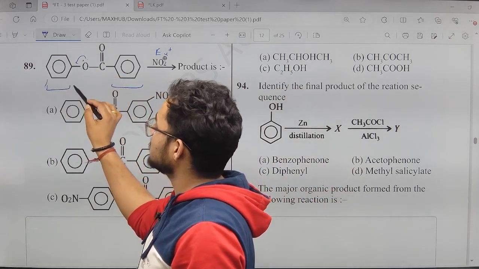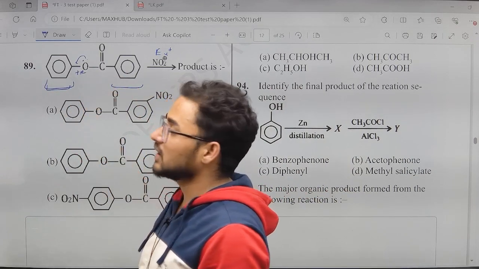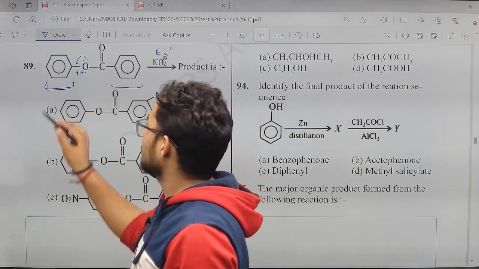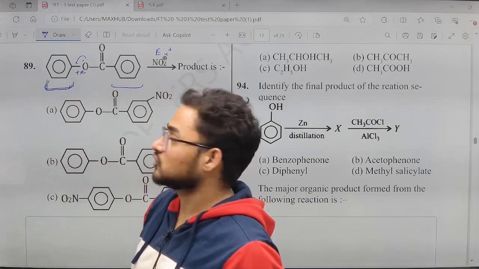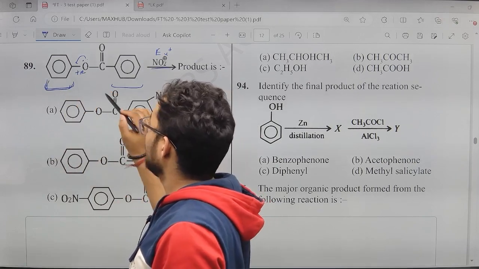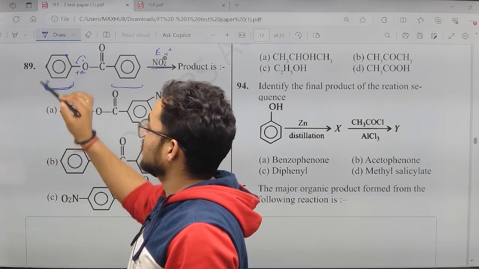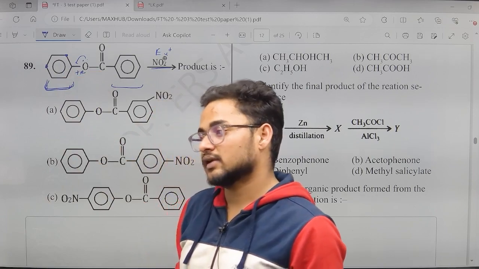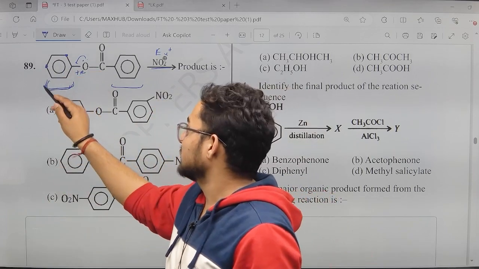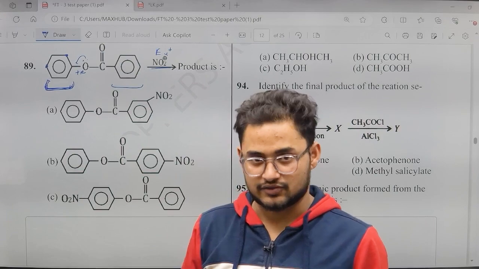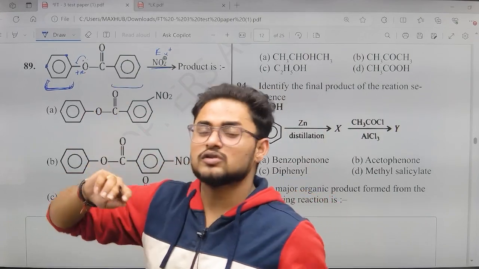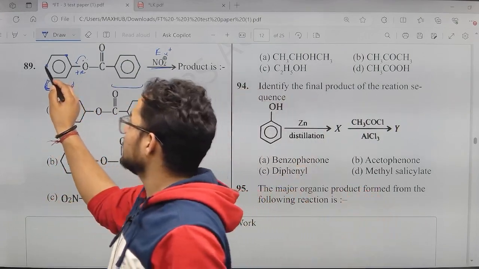So this ring, due to plus R effect of O, is electron rich. It is a good nucleophile. So it will attack this electrophile. Its ortho para position can attack. So the ortho para product on this ring will be the final answer, but ortho will be less because of the steric hindrance. So para will be the product.